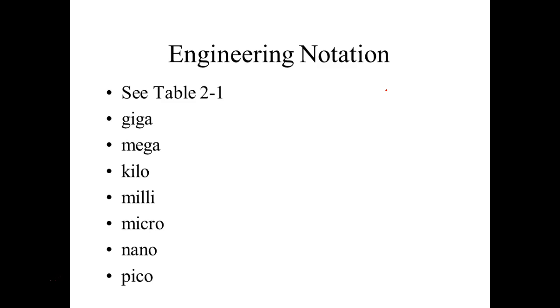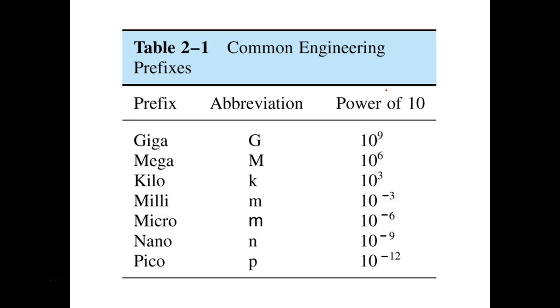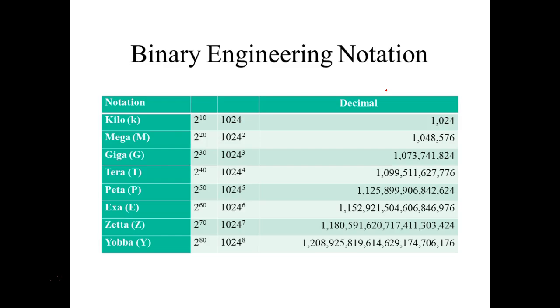Is it the same as in binary? No. So this is base 10, and it's what y'all learned back in DC, right? Engineer notation. This is base 2. So in base 2, binary, a kilo is 2 to the 10, mega is 2 to the 20, a gig is 2 to the 30, a tera is 2 to the 40.